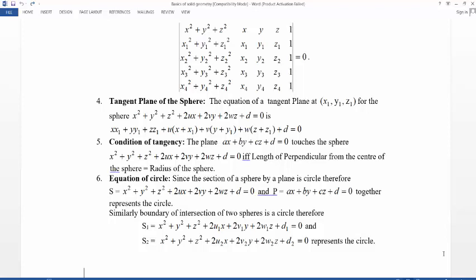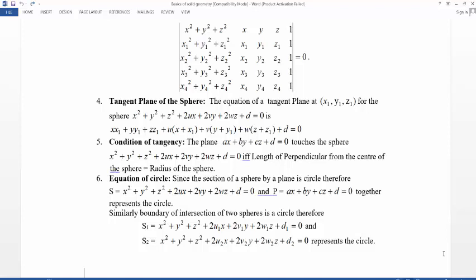Then its tangent plane is given by x x1 plus y y1 plus z z1 plus u into (x plus x1) plus v into (y plus y1) plus w into (z plus z1) plus d equal to 0. Condition of tangency: the plane ax plus by plus cz plus d equal to 0 touches the sphere having this equation if and only if the length of perpendicular from the center of the sphere is equal to the radius of the sphere.